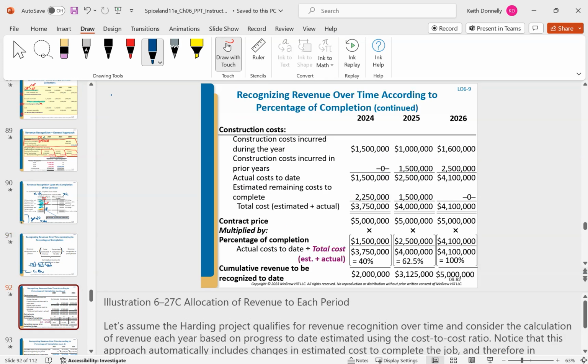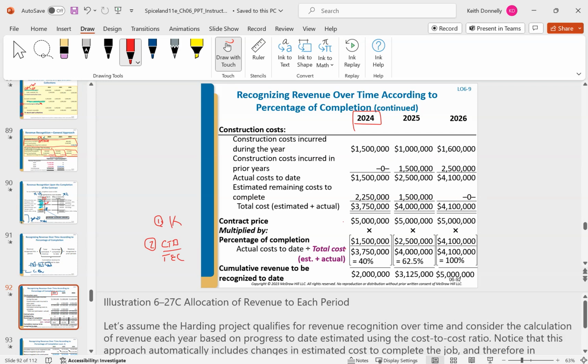So let's look at this 4-step process illustrated. Remember we said with the eyeball, you've got to do it per year. So let's start here with 2024. It looks messy. It's not that bad if we graph that on. We're going to start here with the contract price. That's number 1, 5 million. They gave that to us. Then we're going to have 2, cost to date over total estimated cost, and this is measured per year.